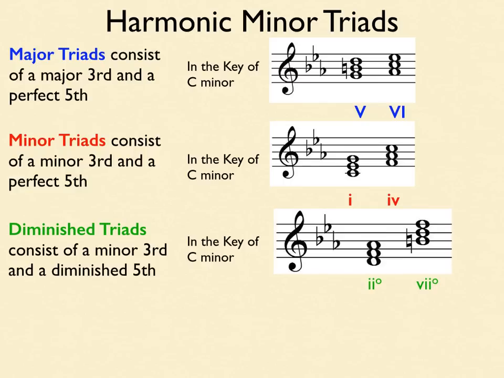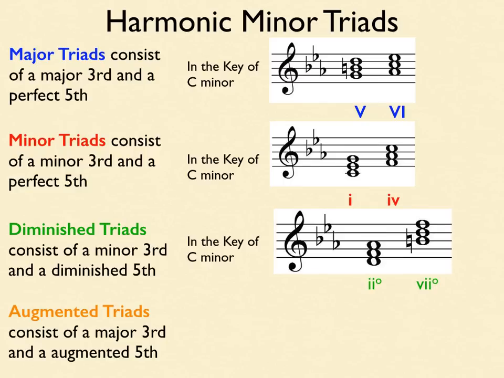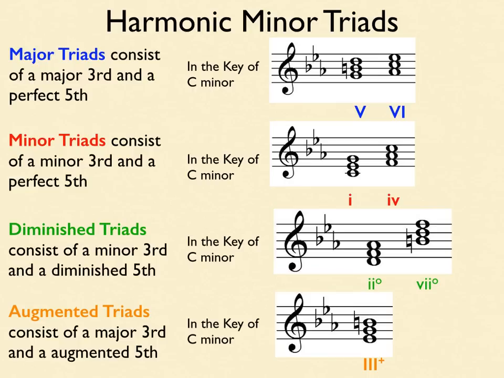And your final triad for the harmonic minor triads is an augmented triad, and it consists of a major third and an augmented fifth. And in the key of C minor, if you're using your harmonic minor triads, that will occur on your mediant triad. Between E flat and G is a major third, and between E flat and B natural is an augmented fifth. You may not come across this triad all that much.